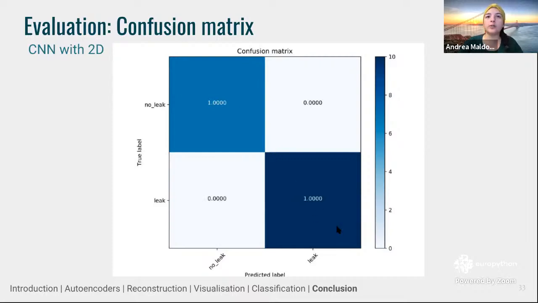And whenever there was a leak, our autoencoder was able to predict that there's also a leak. That's what the bottom right corner means. And if you already read the title of the slide, you might recognize that these are the actual results for our CNN with dimension 2.